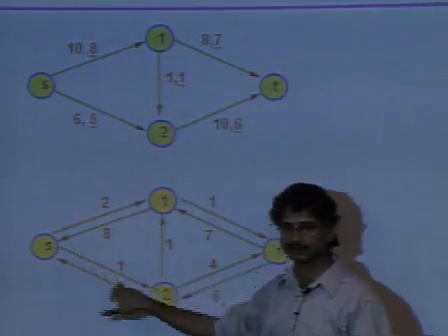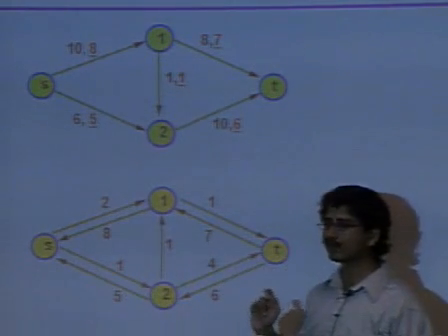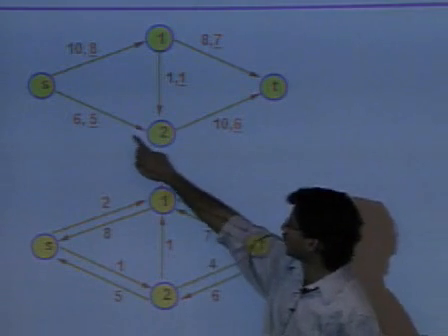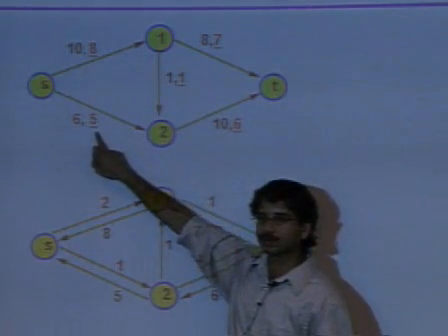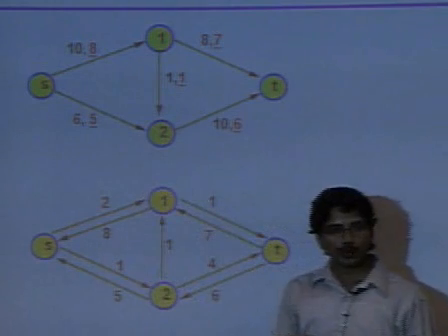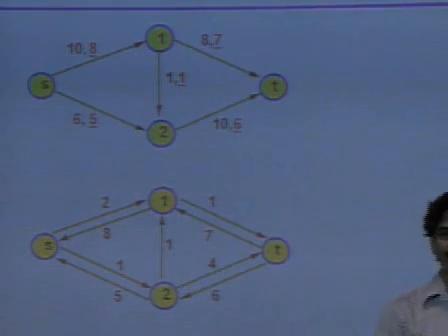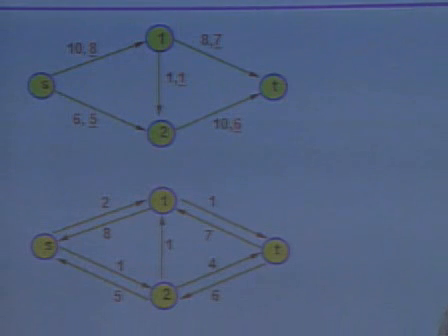Now we could also modify this flow in a different way. We could send fewer than 5 units along that arc. Now why would you want to do that? Well, maybe you discover an augmenting path by rerouting the existing flow in a certain way.